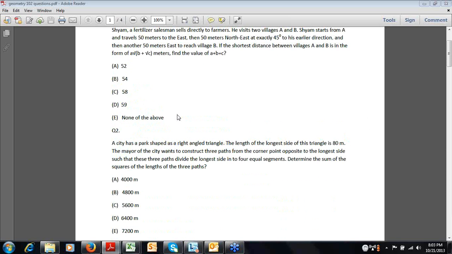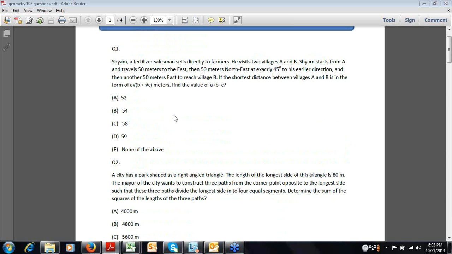Okay, the first three questions I've put in the chat window as well, and you can take a screenshot alternatively, whichever is a better way for you.